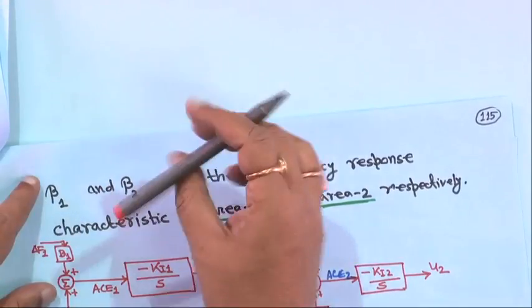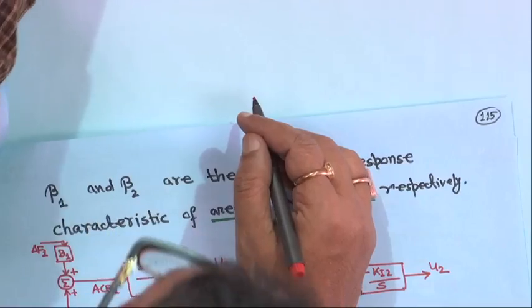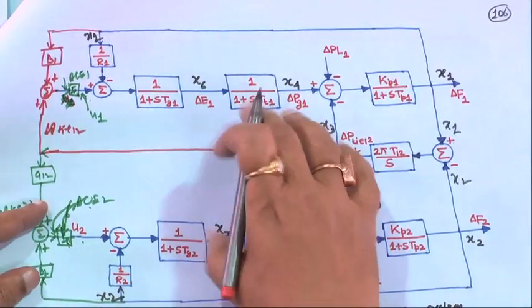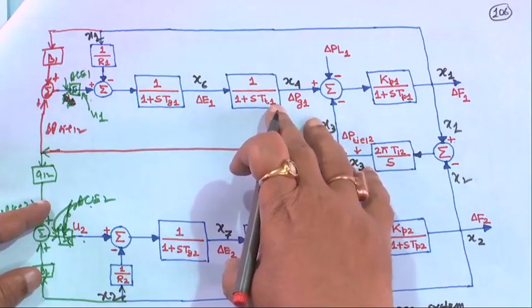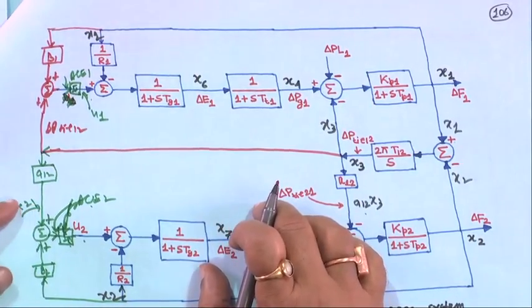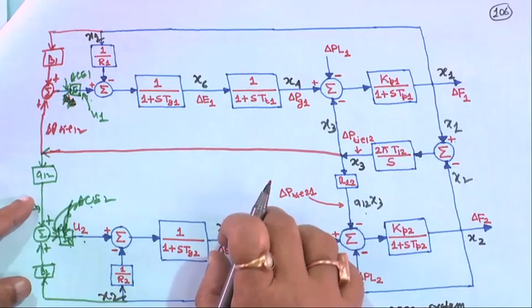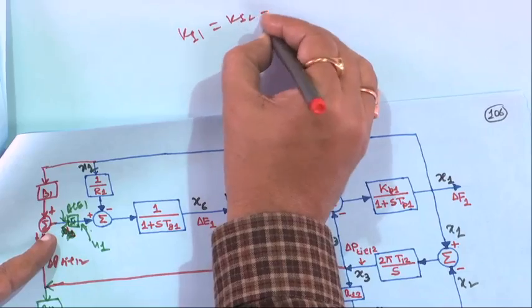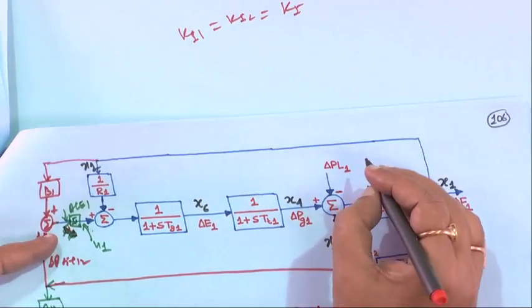Equal area means both areas have identical generating units and the same capacity; if this is 1000 megawatts, this is also 1000 megawatts, with identical units and identical rating. Then only we can make Ki1 equal to Ki2 equal to Ki, the same integral gain setting.